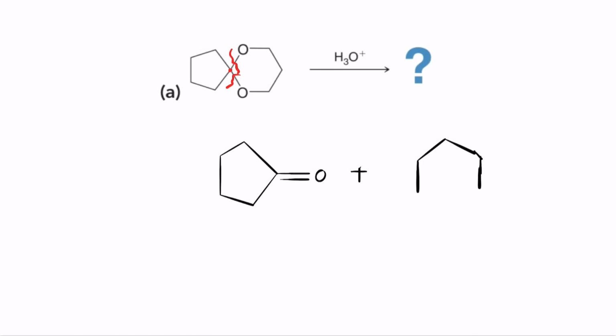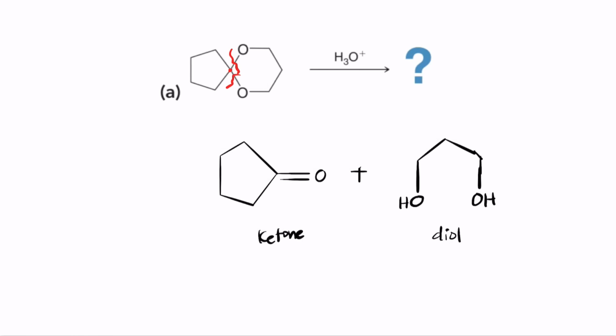Each of them has to undergo OH formation, which means that each of them is going to get an OH on them. So when you hydrolyze a cyclic acetal, you get a diol and a ketone.